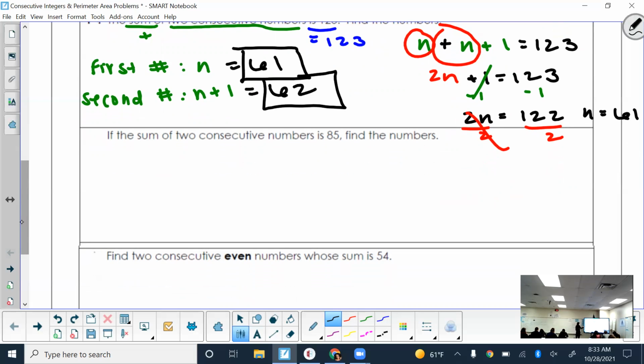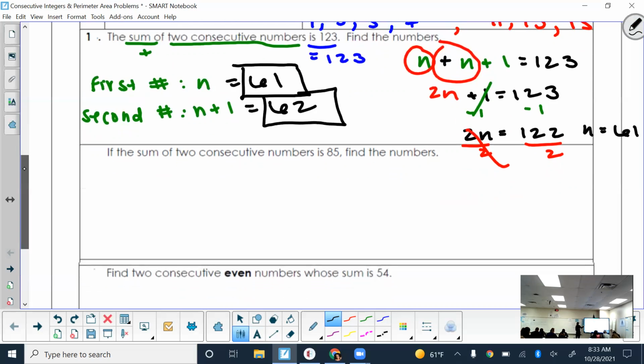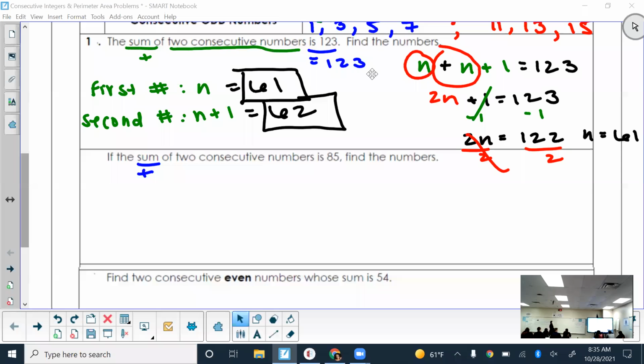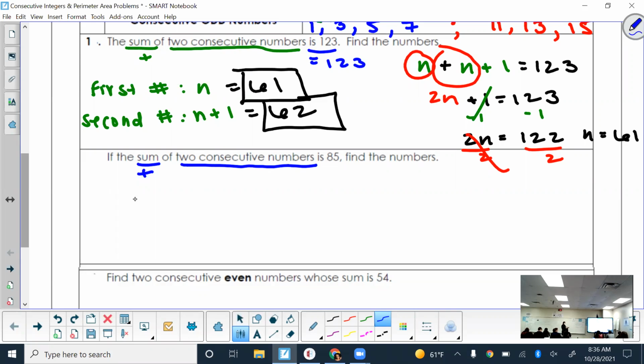All right, try the next one on your own. So the sum of 2 consecutive numbers is 85. Find the numbers. All right, and then we have 2 consecutive numbers. So how did you label your first number?